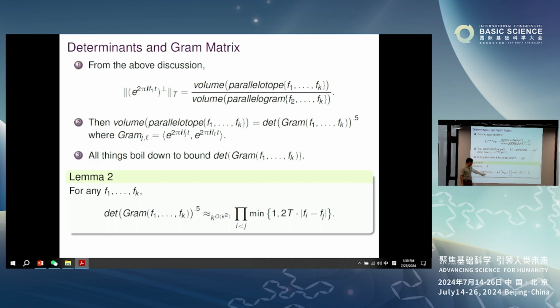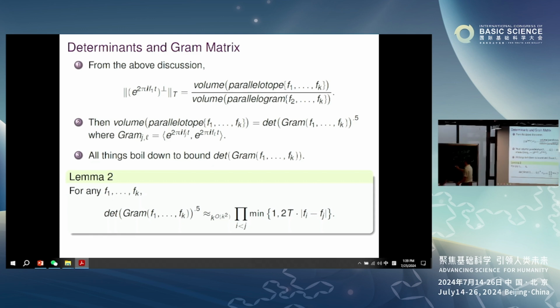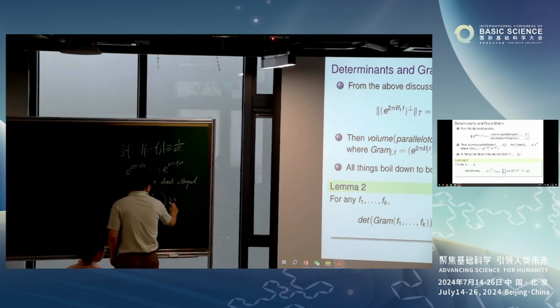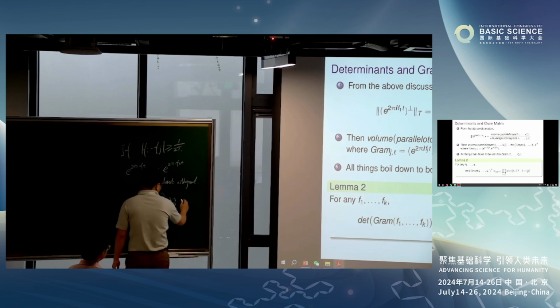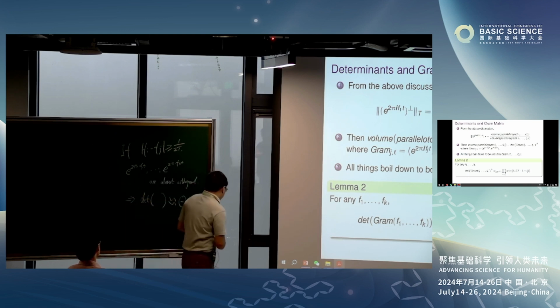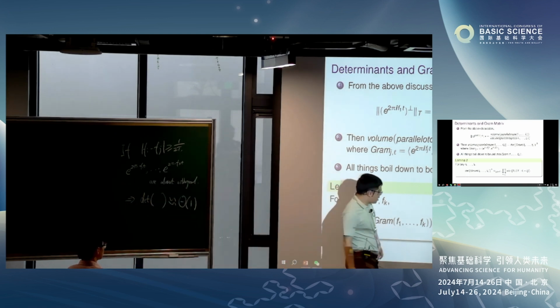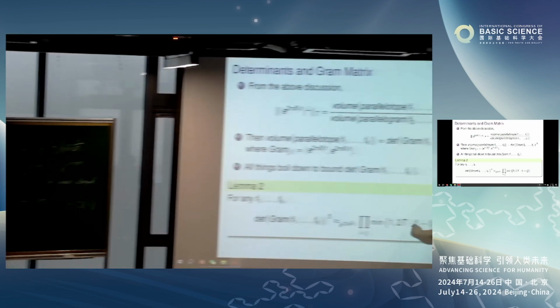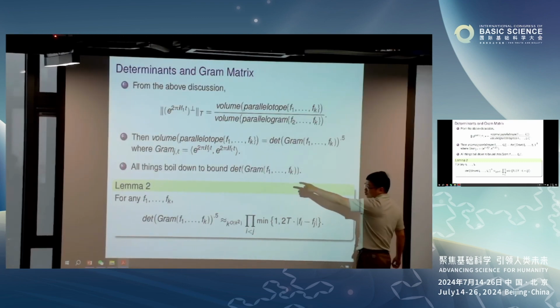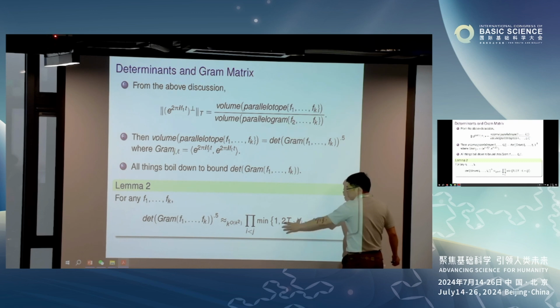If they are almost orthogonal, then if you check this determinant, it will be some constant. But if you look at our terminology, when fi minus fj is greater than 1/2t, this term is at least 1.